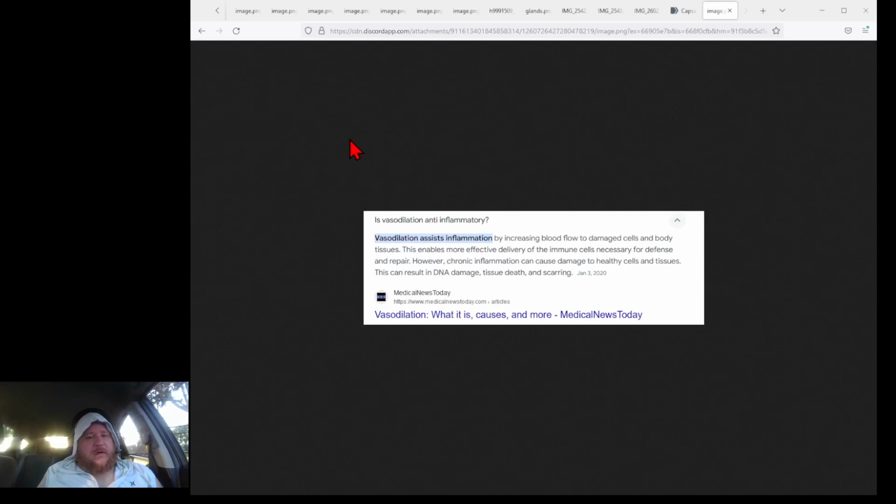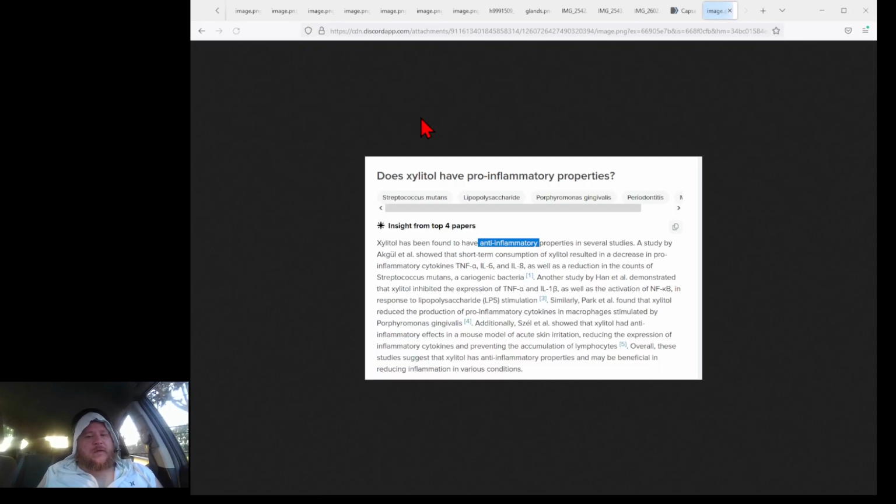So the reason I was digging that way is because I found this first, but I couldn't find anything linking xylitol to being a vasoconstrictor. But because of what I had learned about vasodilators, you have to assume that because it's an anti-inflammatory, it's a vasoconstrictor, because vasodilators are inflammatory, so they need to inherently be the opposite.